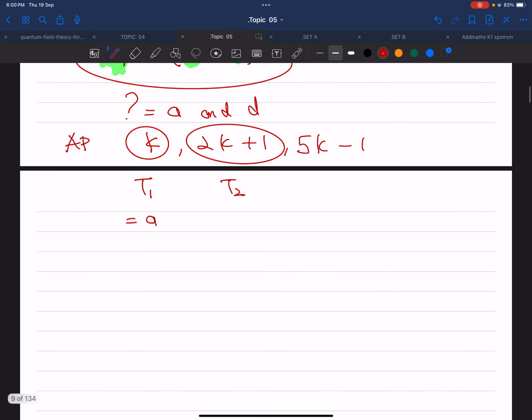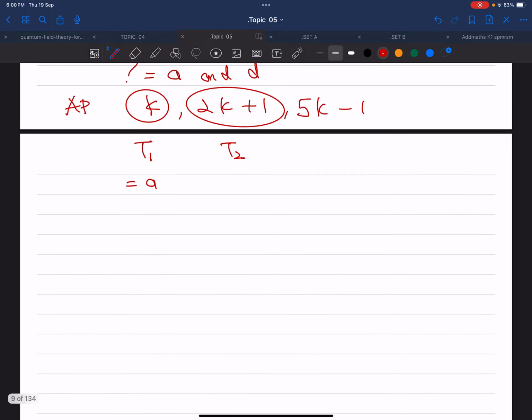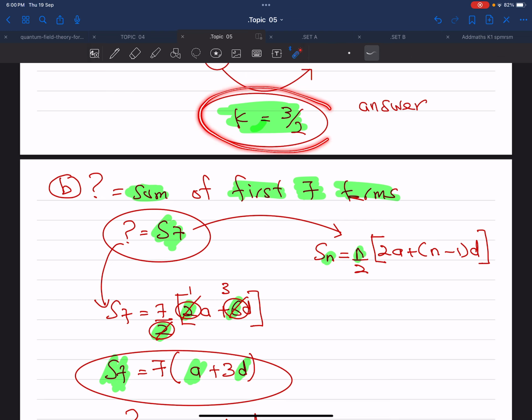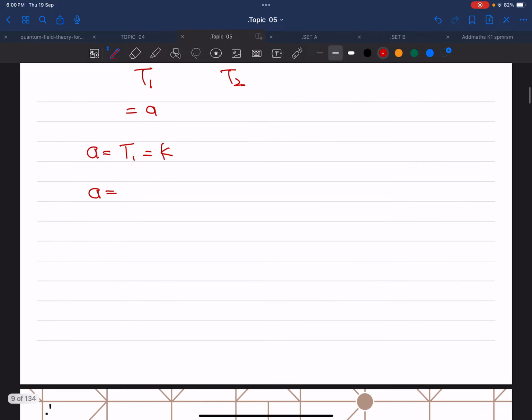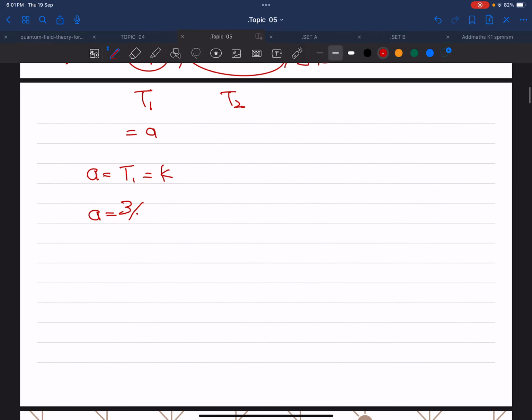We only need the first two terms. So now A that we are looking for is the same as T1, the same as K. We already have K as 3 over 2. So our A is 3 over 2.